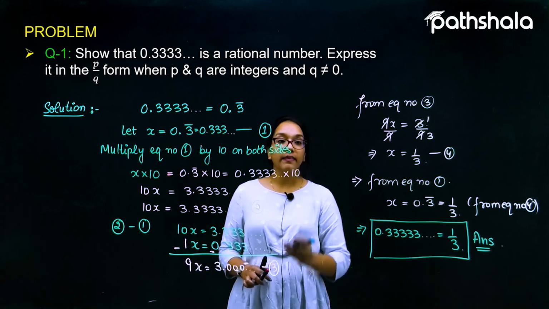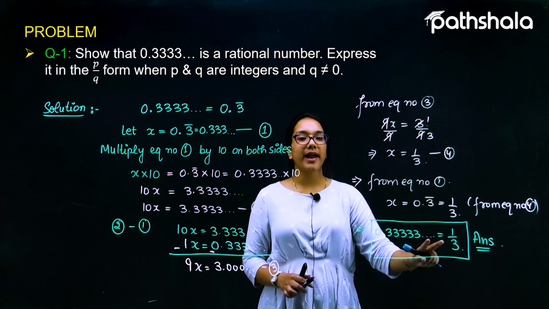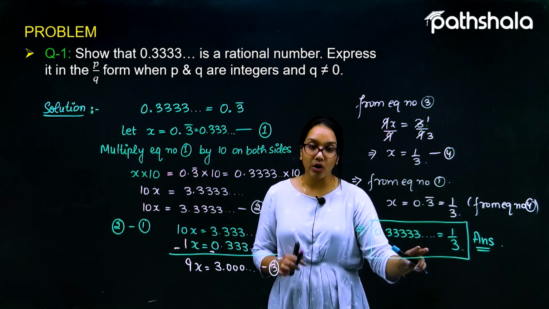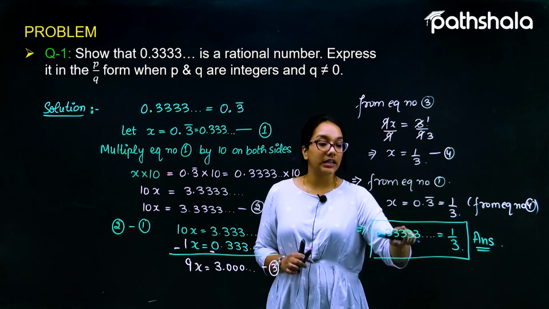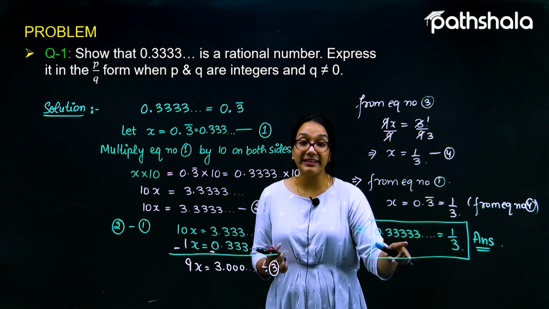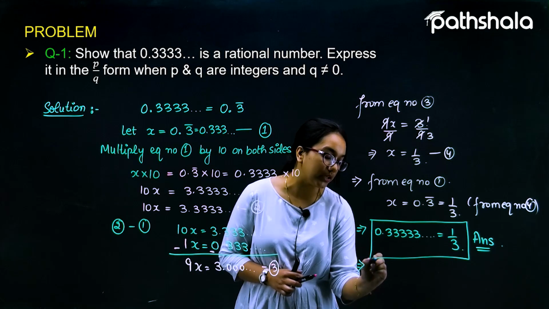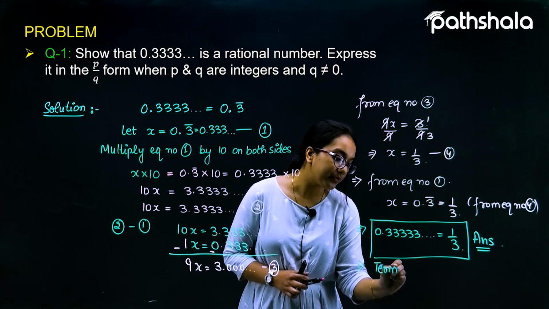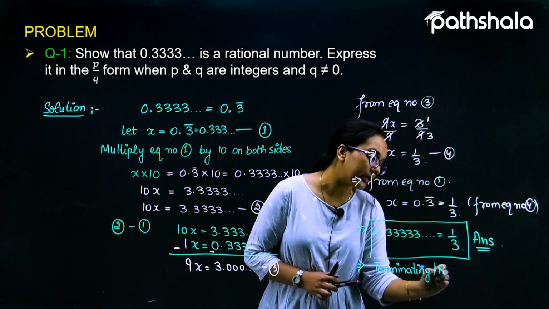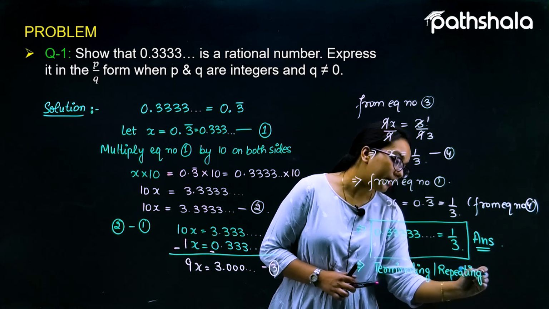And obviously 1 by 3 is a rational number, because this decimal expansion is a non-terminating repeating one.